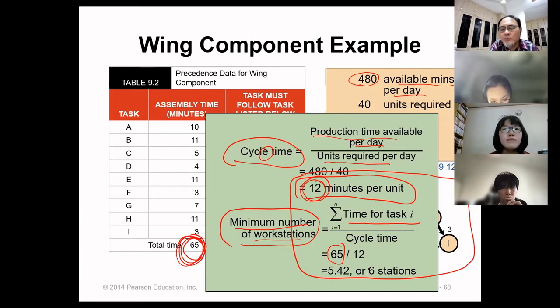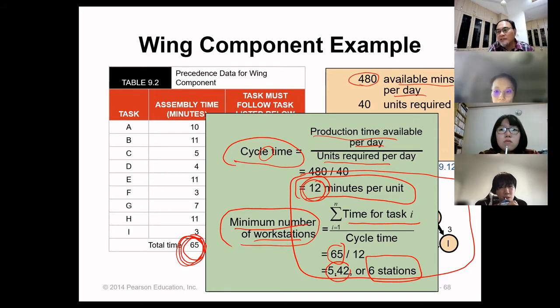So basically we want to design a balance of 6 stations, with 1 man working on each station, so we have 6 men. This is 5.42. We cannot round down to 5. We round up to 6.